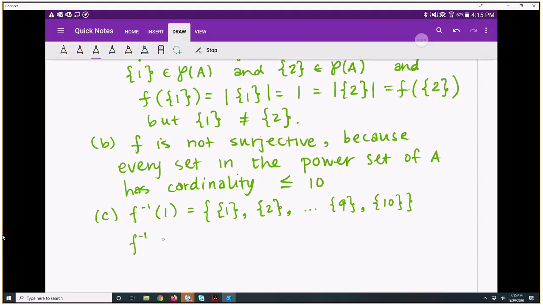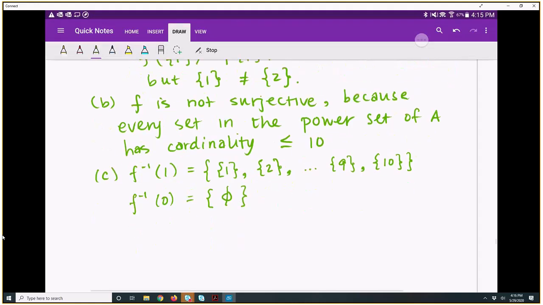Then we're looking for the inverse image of 0. So we're looking for a set in the power set that has cardinality 0. And the only set in the power set that has cardinality 0 is the empty set. And remember, this inverse image is a set, so it's going to be a set that contains the empty set.